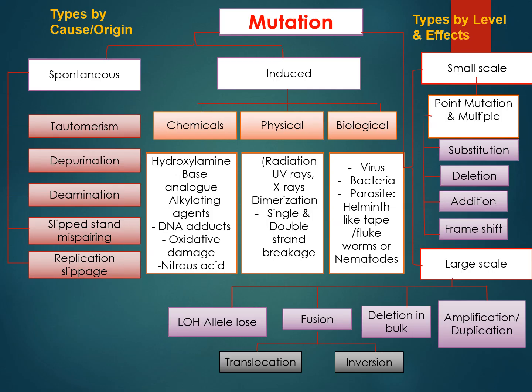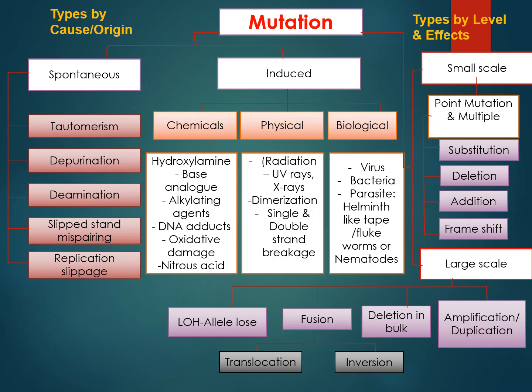The effects of these mutations, whether spontaneous or induced, can be categorized into two types: small scale mutation effect and large scale mutation. Small scale mutation covers point mutation as well as multiple mutation. It can happen due to substitution, deletion, addition, and frame shift.